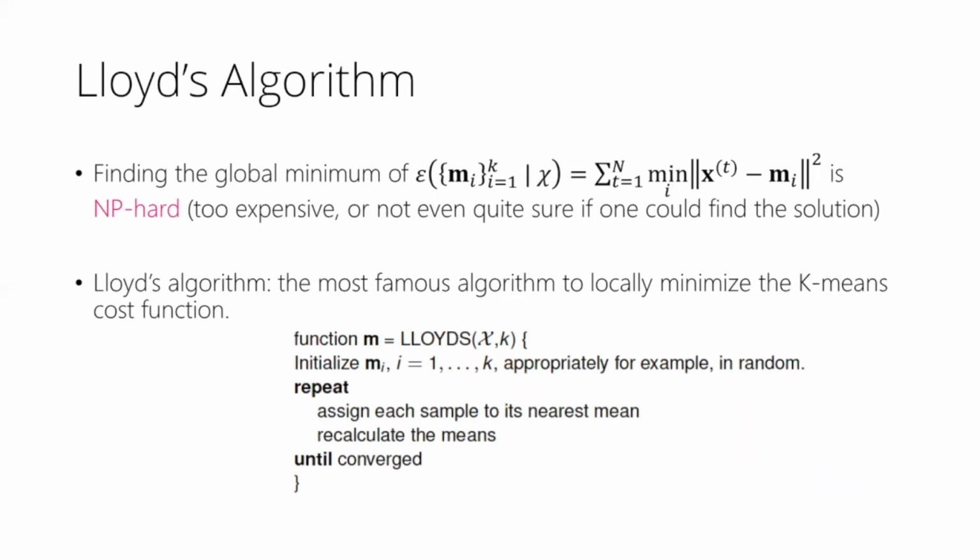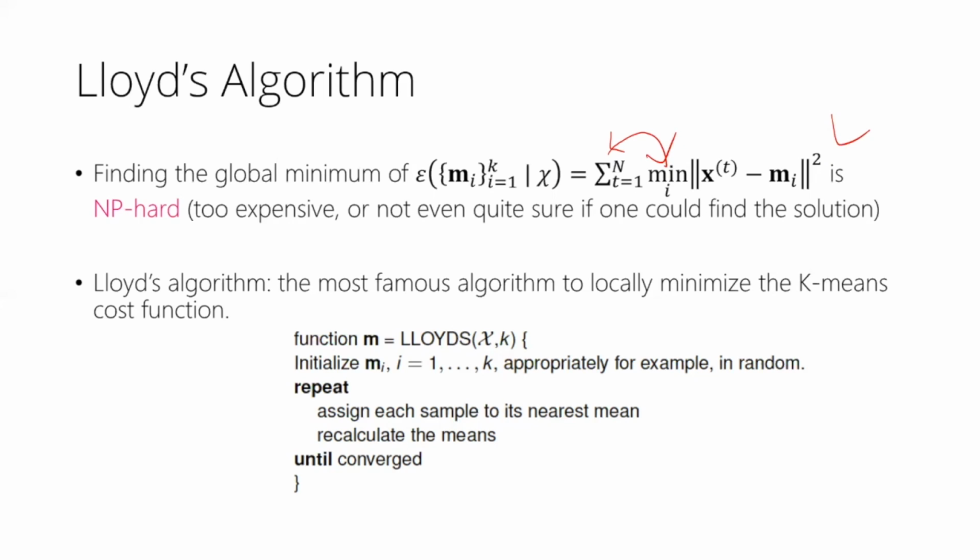So when a problem is NP-hard, it basically means it is very, very expensive. And even if you find something, there's no guarantee that the solution you found is the best solution. Okay. So in fact, solving this equation, again, sorry, I think I made a mistake in the equation, but solving this for a global minimum is an NP-hard problem.